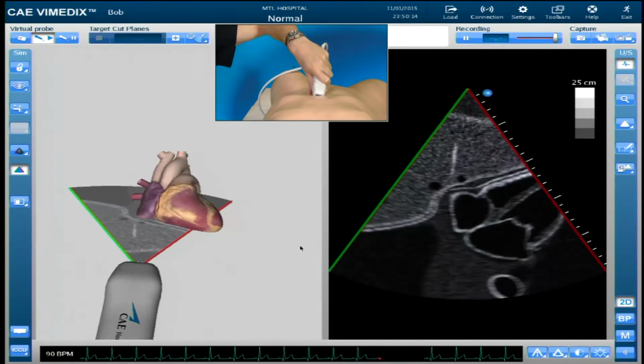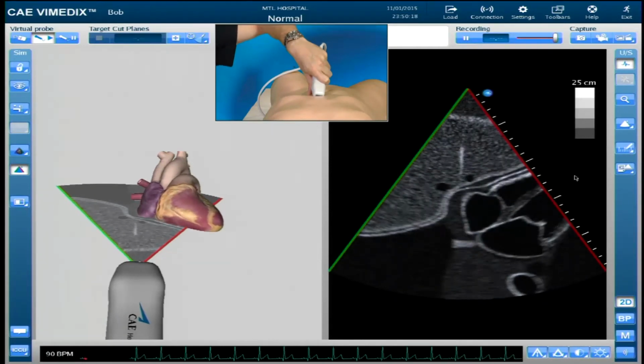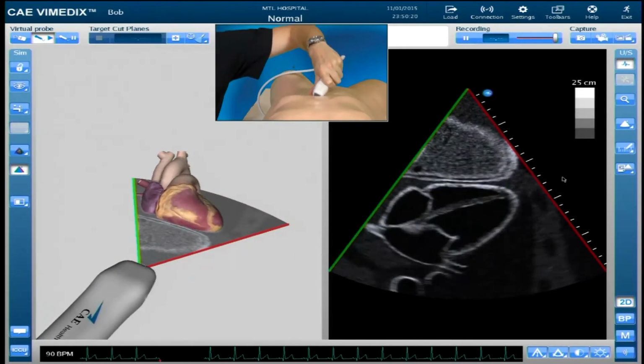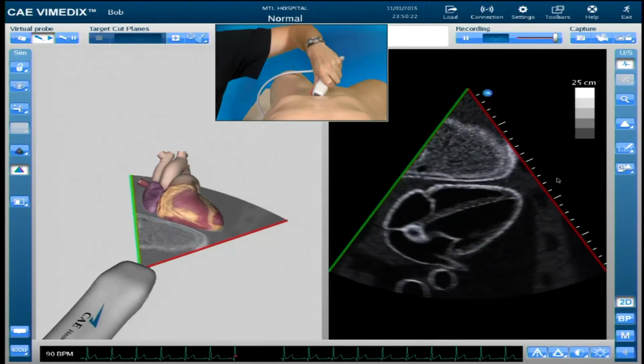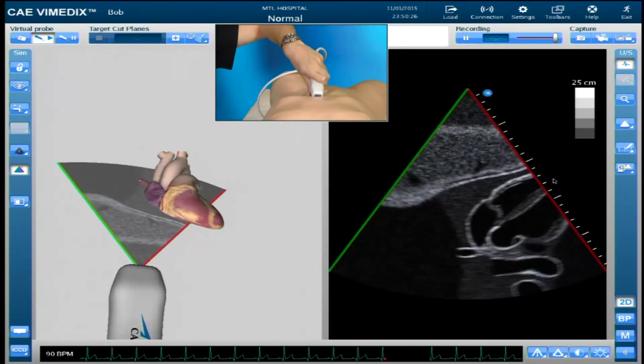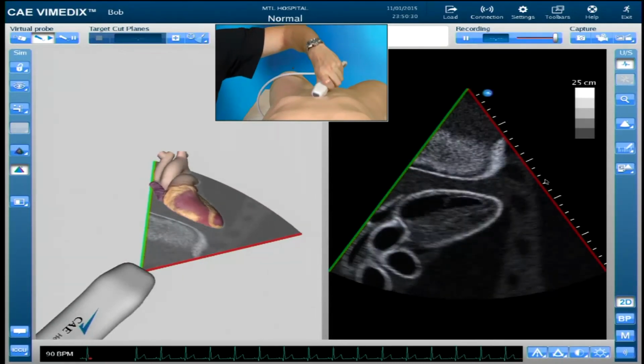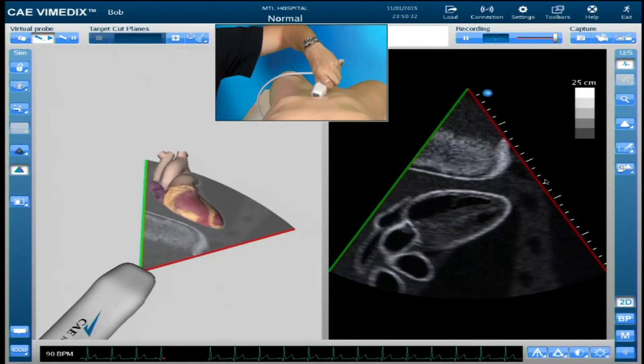If the apex of the heart is off to one side and you can't see it, what do you have to do? Well, you've got to rock it round, pointing the probe towards the patient's left shoulder.